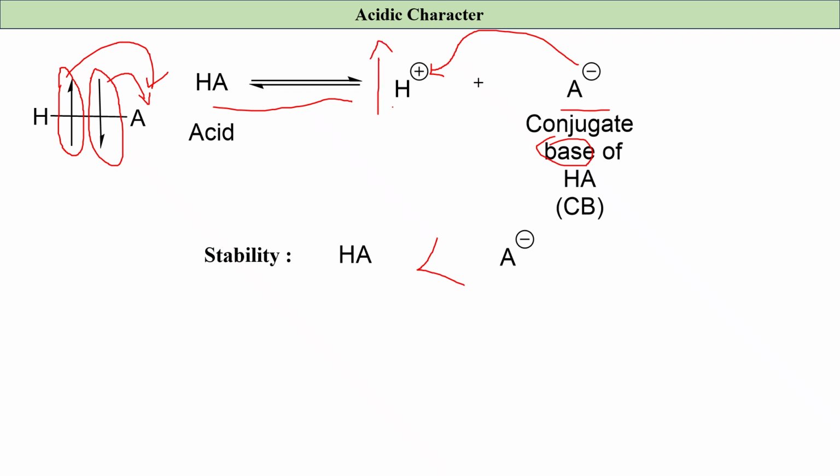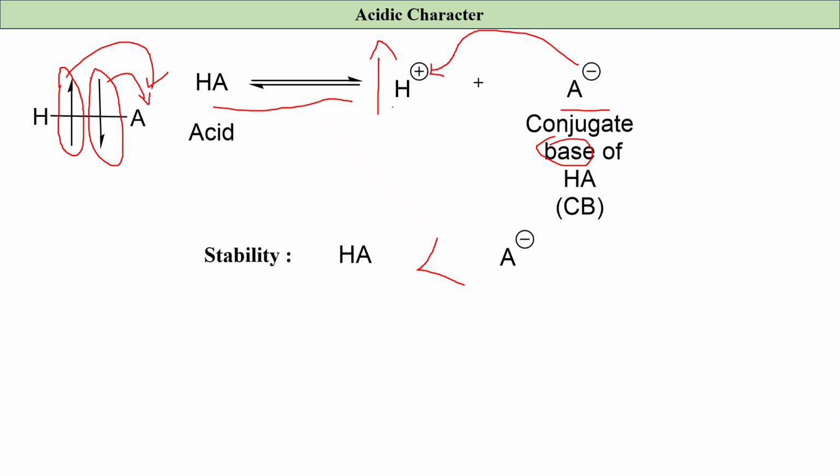H plus release will increase, which means the acidic character increases. So the stability of the conjugate base is directly proportional to the acidity. This is the simple basic of acidic character: if your conjugate base is stable, then your compound will be acidic.